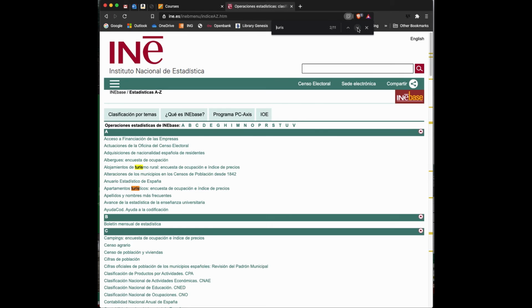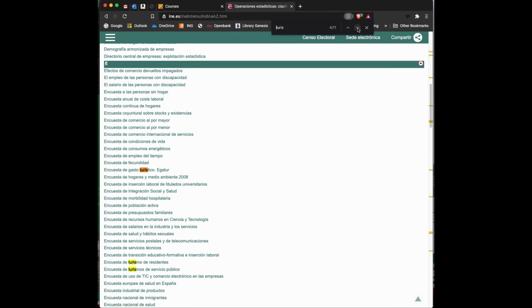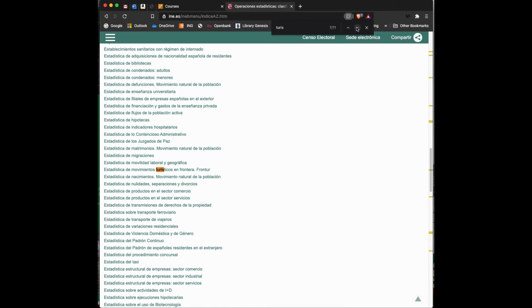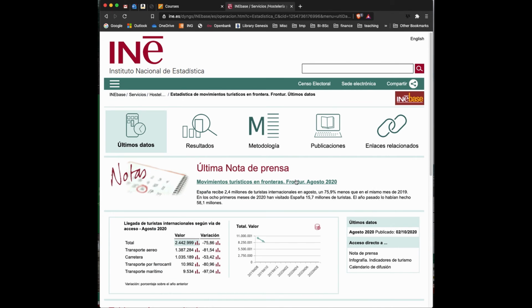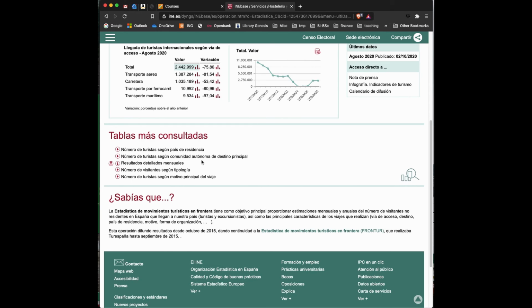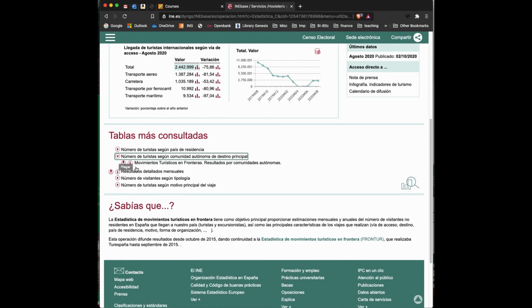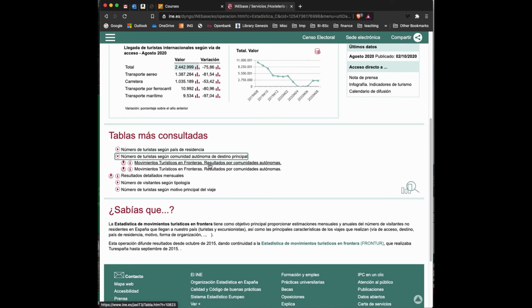The one we find, turismo, estadística de movimientos turísticos en frontera. And we're going to look at número de turistas según comunidad autónoma, por comunidades autónomas.